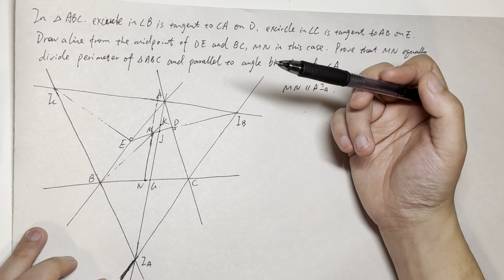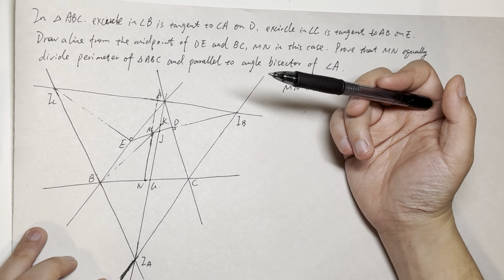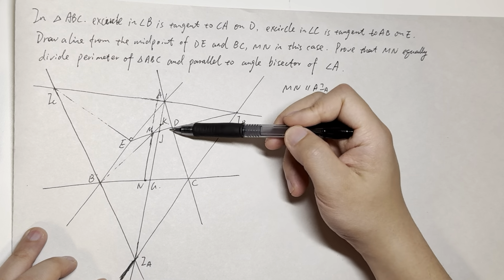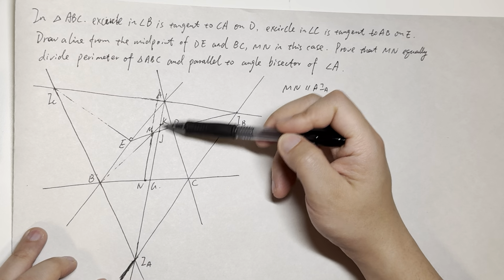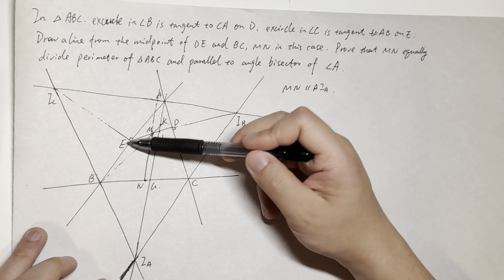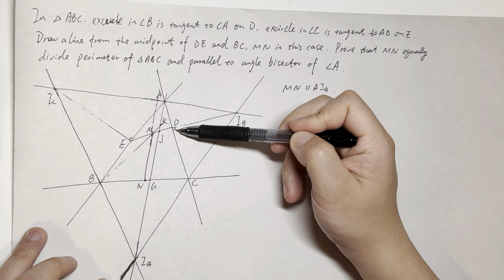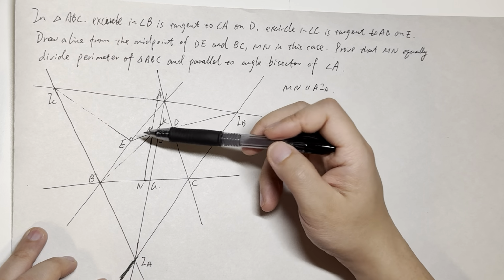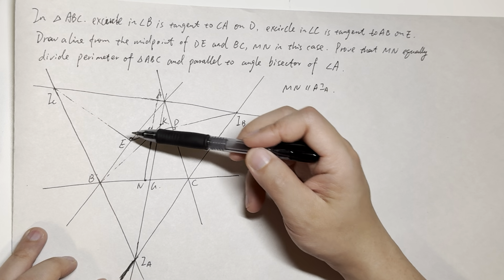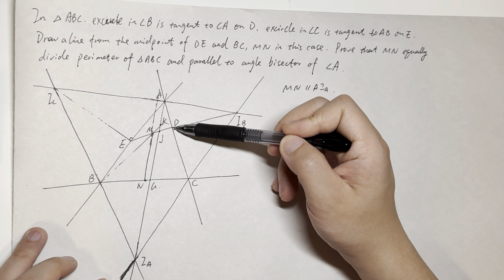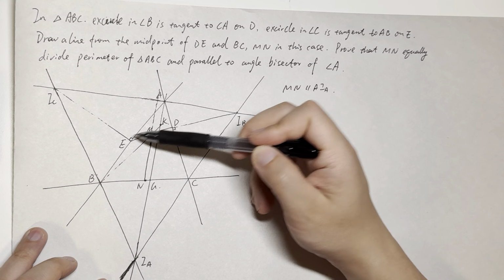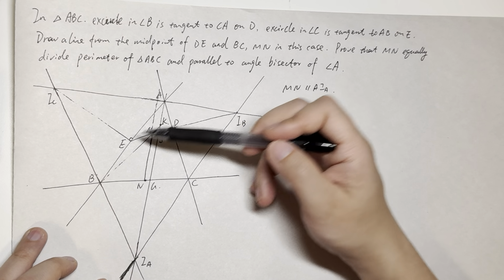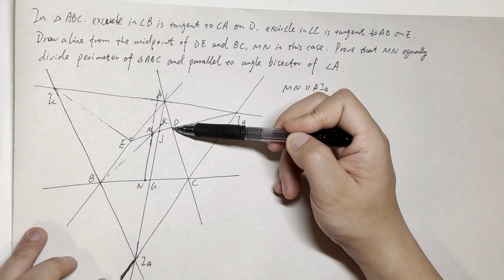And based on the cosine law, we can actually calculate the length of ED if necessary. But of course, we already know that AG is the angle bisector of angle EAD. So without calculating the real length of ED, we already know the ratio of EJ to JD.